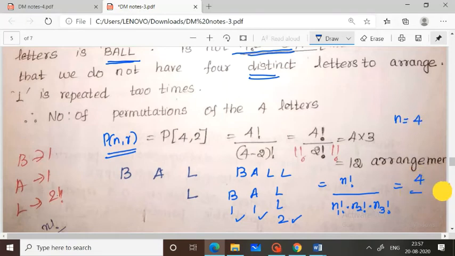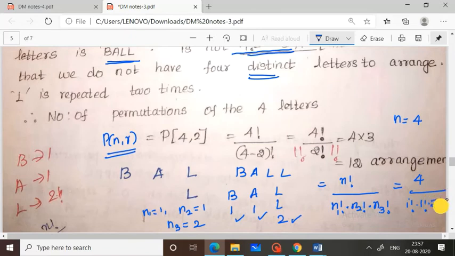So 4 factorial divided by n1 factorial, listen here, let us take n1 equal to 1, n2 equal to 1, and n3 equal to 2. So it becomes 1 factorial into 1 factorial into 2 factorial. So that is equal to 4 factorial divided by 2 factorial, which I can write as 4 into 3, that is equal to 12 arrangements.